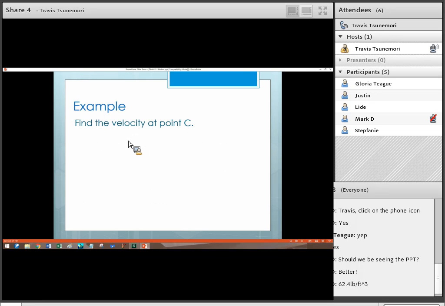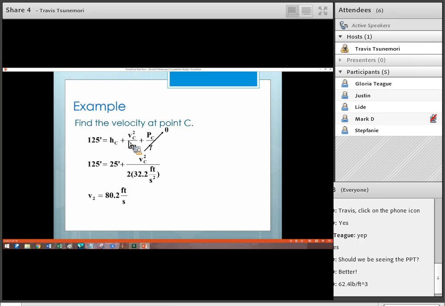Okay, so if we want to find the velocity at point C, well, we can set that equal to the energy at A, right? And then we'll have the energy at A, which is 125 feet, is going to be equal to hc plus vc squared over 2g plus the pressure at C, but C is the outlet of the pipe, which is open to the atmosphere, so that pressure is 0.